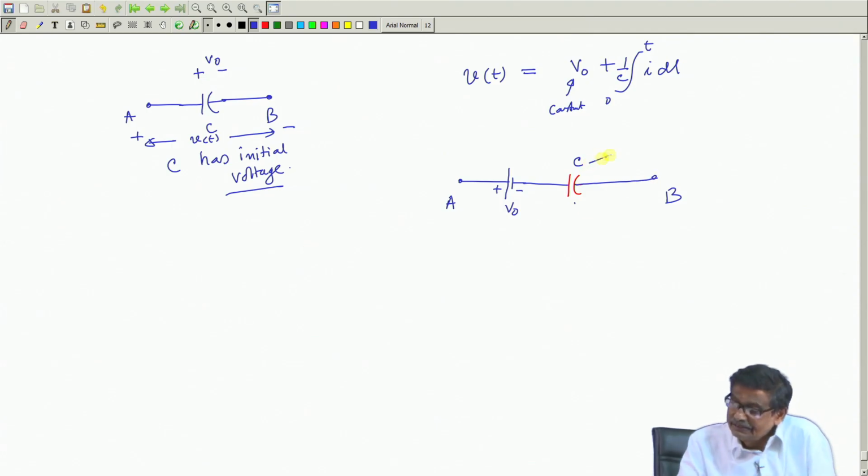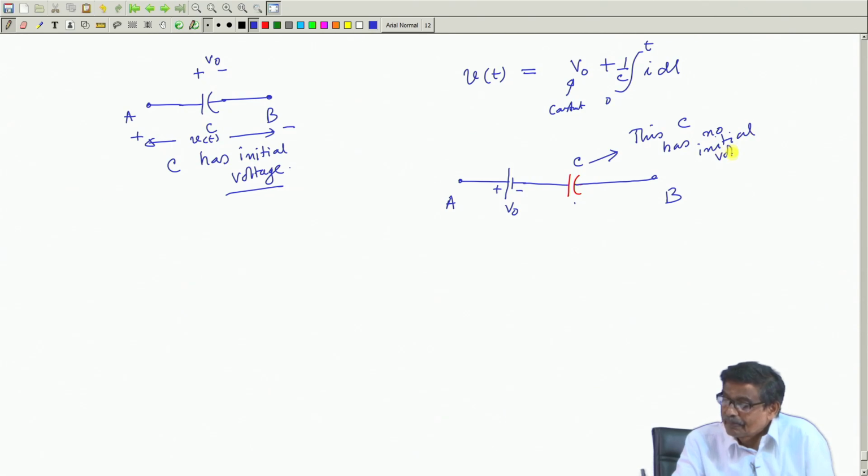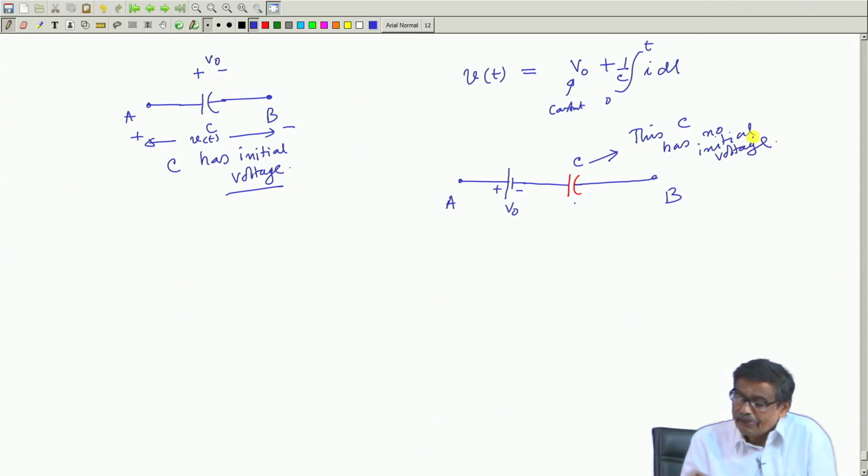This C has no initial voltage. Then it is very nice. So, the only thing you have to do is alter the circuit, bring in another source.